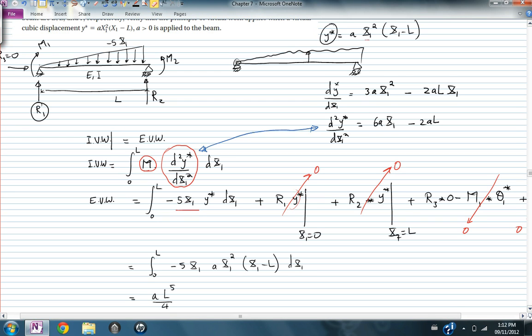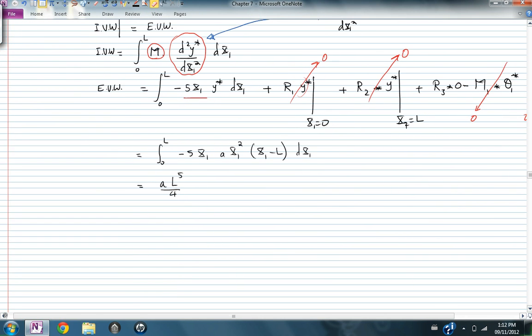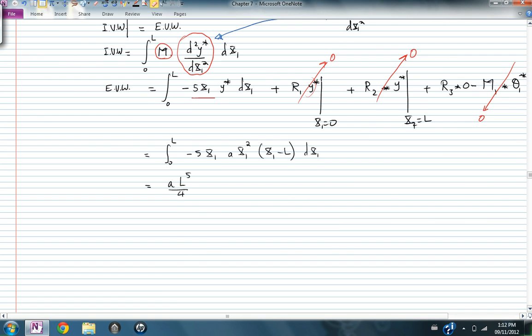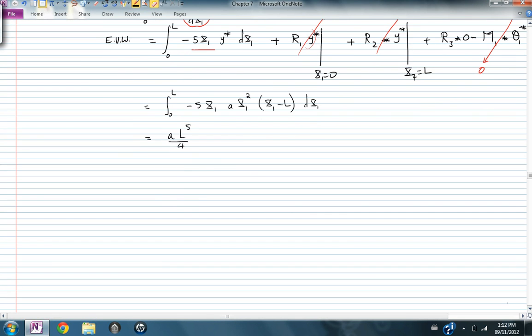And so now I'm just missing the moment, but to find the moment I have to actually solve the beam. So I have to find the bending moment of the beam by solving the differential equation of equilibrium. This is the load: EI times the fourth derivative of y with respect to x1 power 4 is equal to q, and q is equal to negative 5x1.